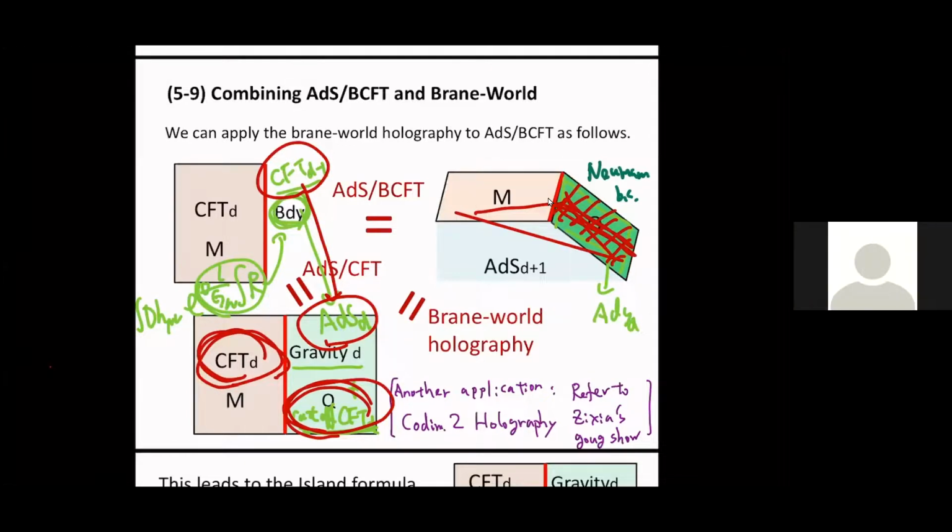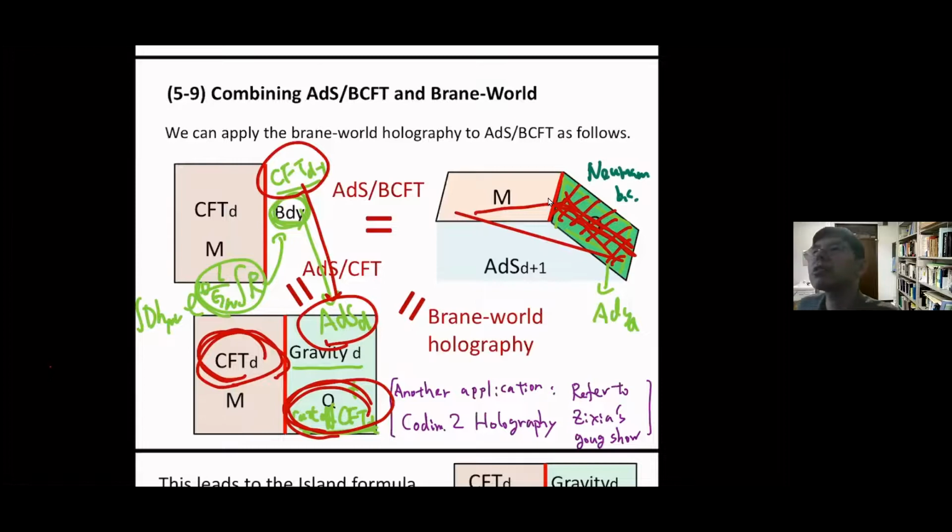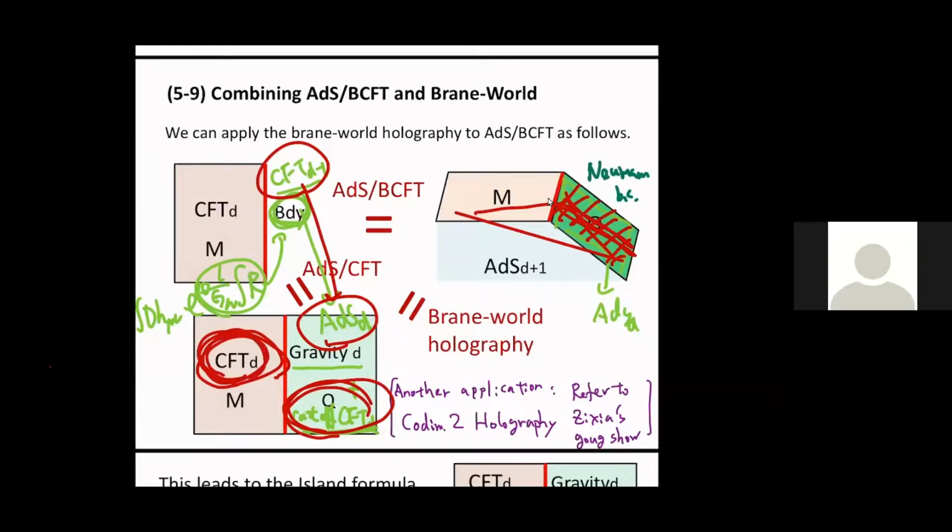You can imagine Poincare AdS also. You can just cut in the middle, at the AdS radius scale, right? Then there are some CFT degrees of freedom, but it's highly non-local, very highly regularized. So it's so different from this kind of defined CFT.